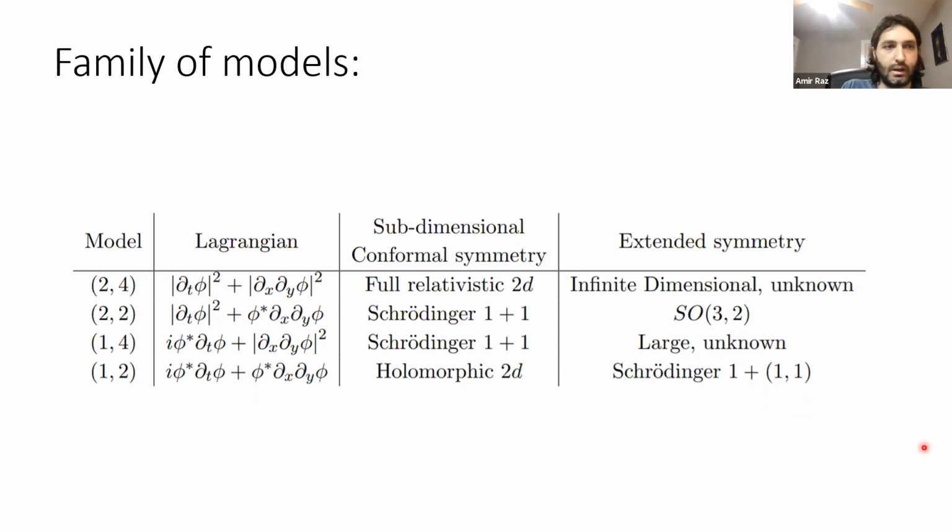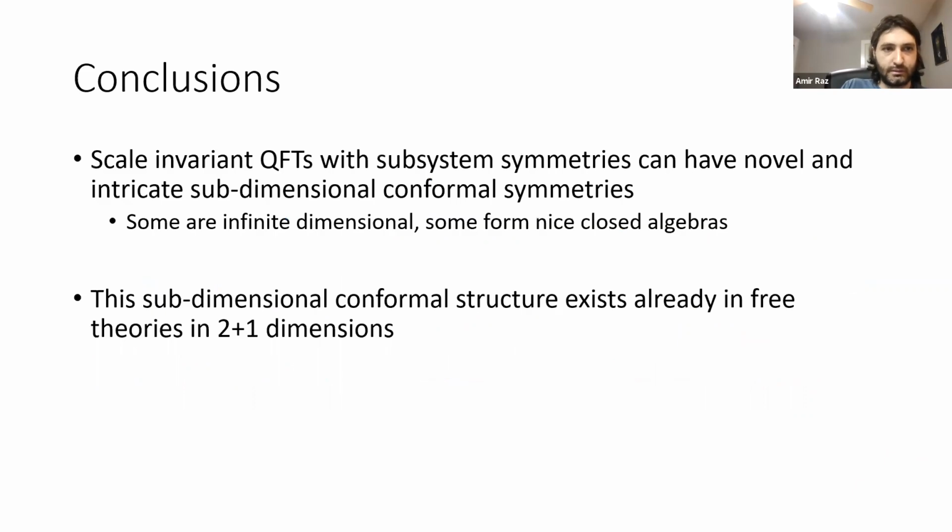So maybe a few conclusions about these toy models: as we've seen, a lot of these models have these subsystem conformal symmetries, and these symmetries are really novel and have an intricate conformal structure.